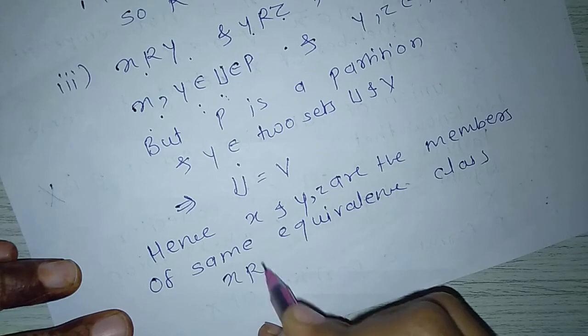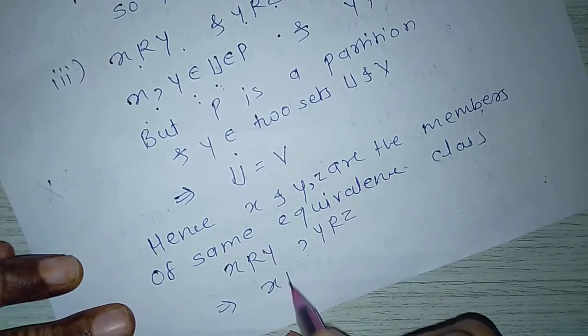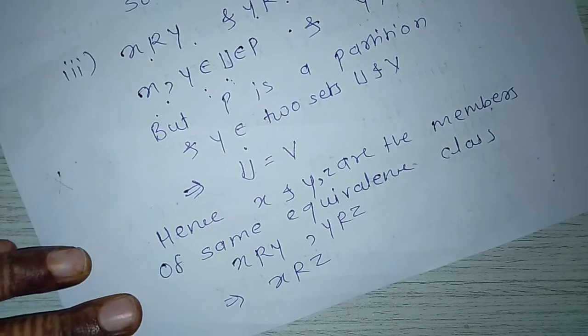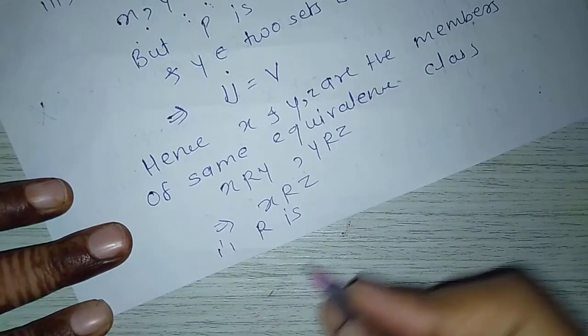That's why if x is related to y and y is related to z, then x is related to z. Therefore, R is transitive.